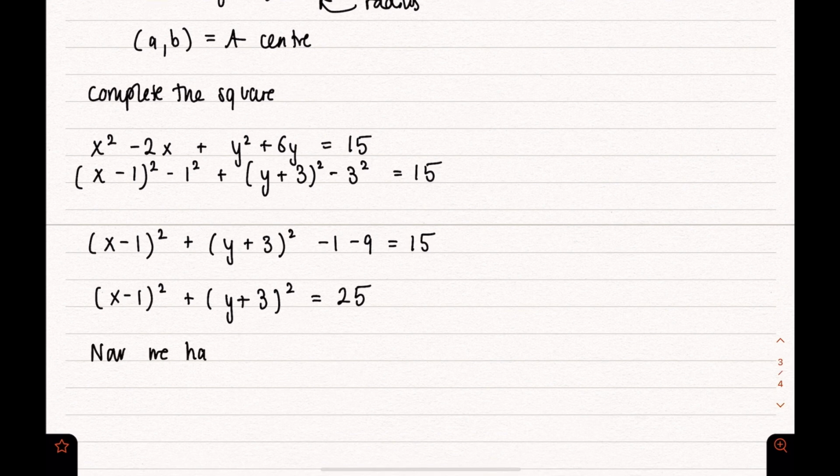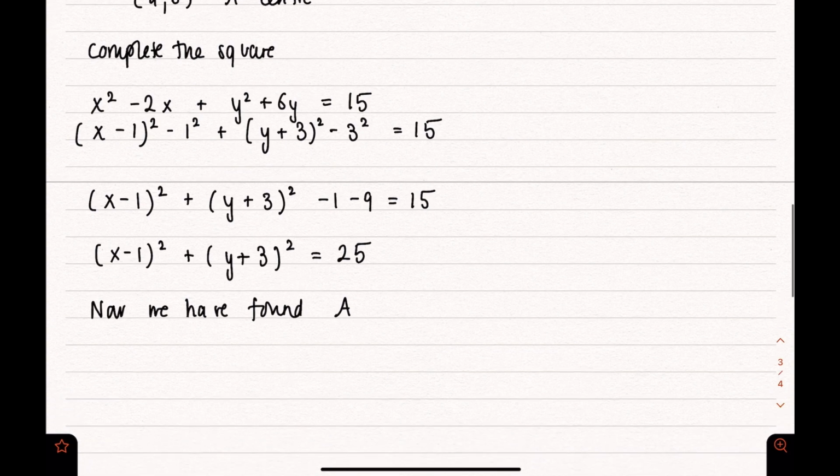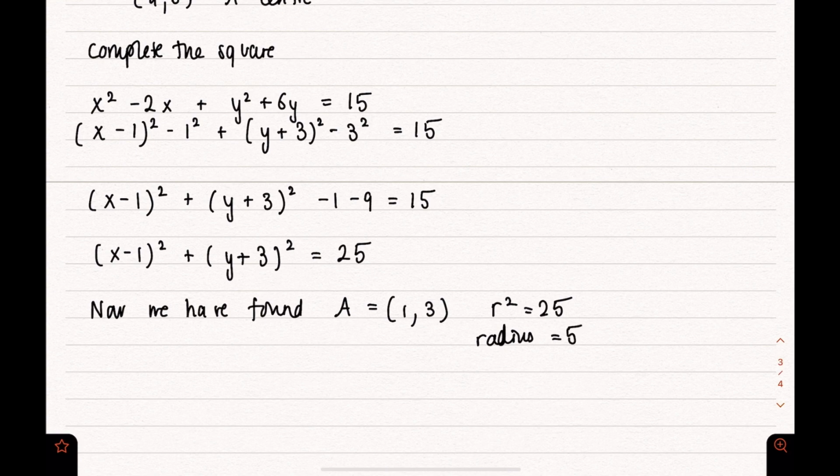Now we can obtain the centre of the circle, which we call A in this question, and the radius. So A in this case is equal to (1, minus 3), and the radius squared is equal to 25, therefore the radius is equal to 5.